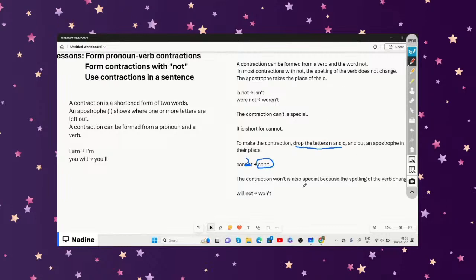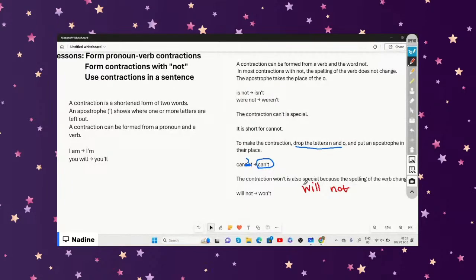Usually what we have to do is leave the verb and bring down the not, but take out the O. But in this case, with will not, will basically changes now.